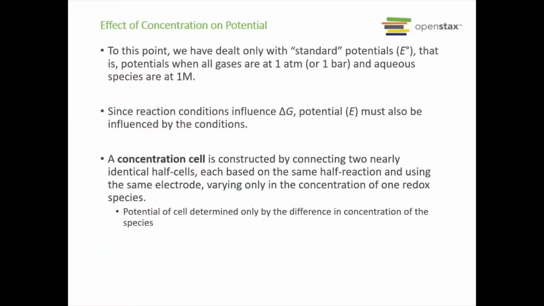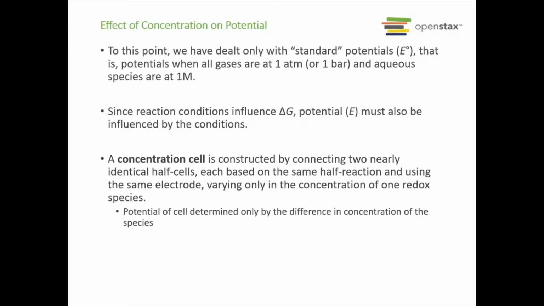So now let's talk about non-standard conditions. So let's first look at concentration. So far we've only talked about standard potentials, which is when our gases are at 1 atm or 1 bar, they're basically the same thing. And if we have an aqueous species, it's a concentration of 1 molar. Now our reaction conditions greatly influence our Gibbs free energy, so our potential for our cell must also be influenced by these conditions.